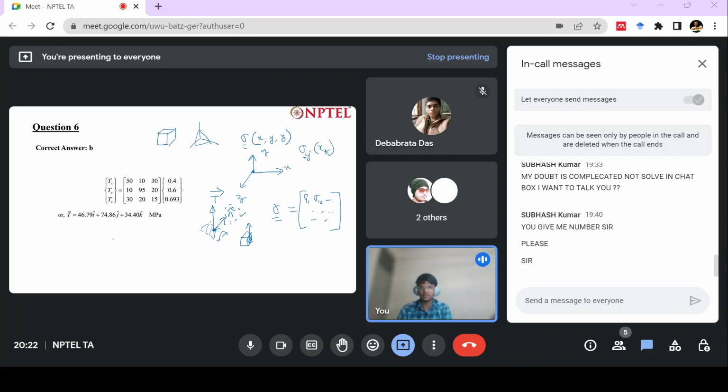You can see from here, we have both the traction vector and the normal vector. The normal vector is 0.4i, 0.6j, and 0.693k. And you have to find this.